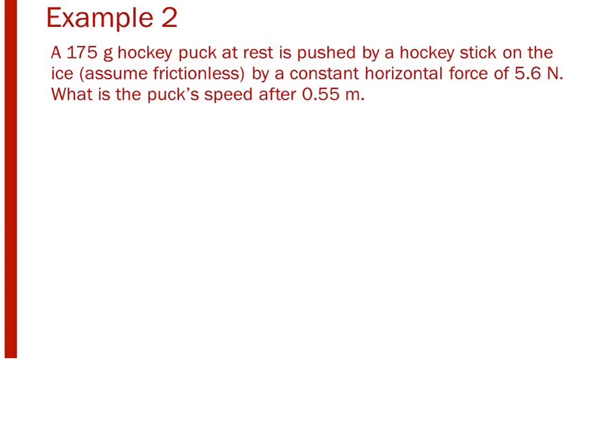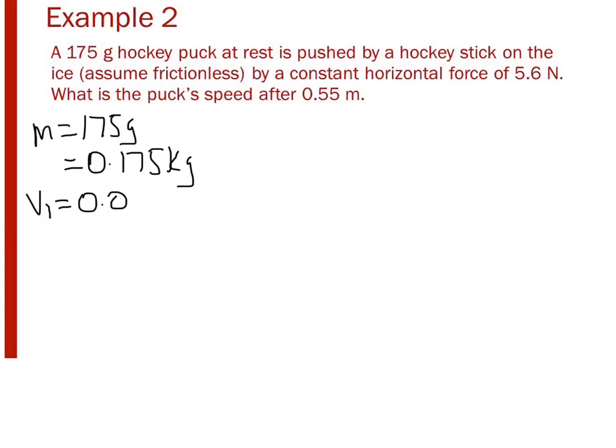So we have a 175 gram hockey puck. Let's write down what we know. We're going to automatically convert that to kilograms, because you need kilograms. It's at rest, so that means our v1 is 0. It's pushed by a hockey stick on ice, which we're going to assume is frictionless, by a constant horizontal force of 5.6 newtons.